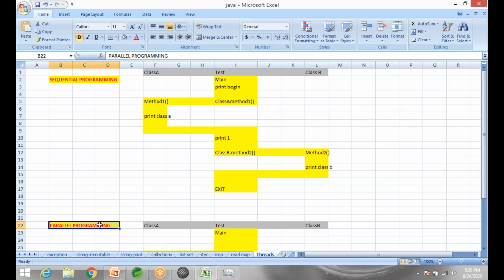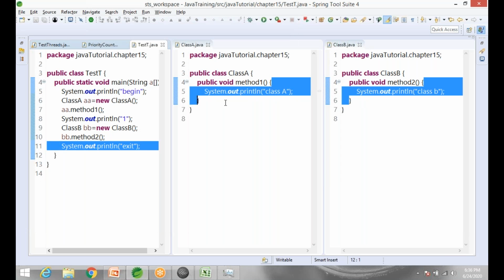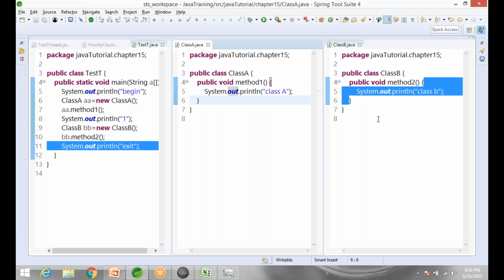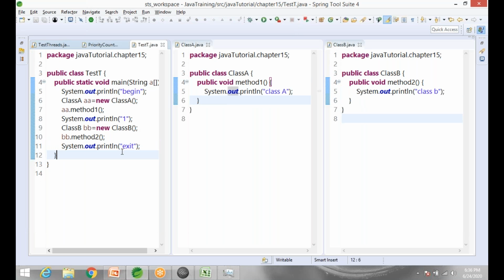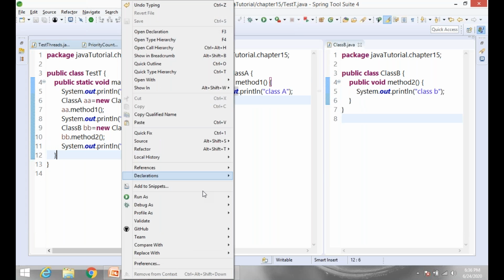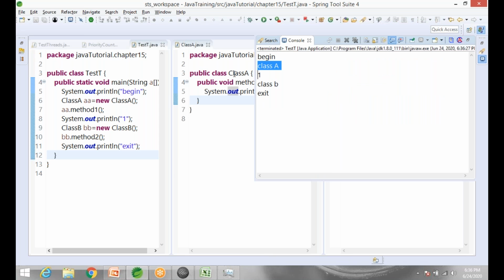All right, so let's take a print here. Begin, then it went to class A. Only when you came back, then you printed 1, class B, and then exit.